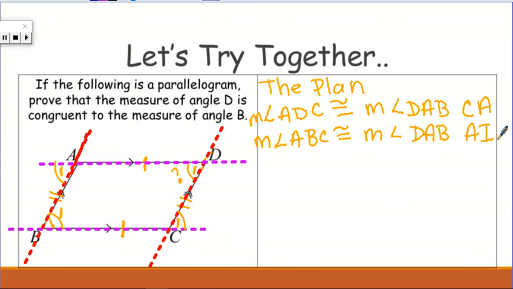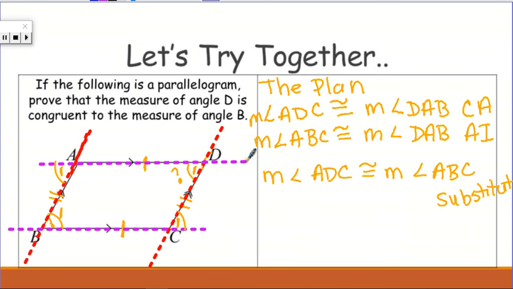Okay, so now we can say that the angle ADC is congruent to the angle ABC. So now I can say the measure of angle ADC is congruent to the measure of angle ABC, and by substitution, we're finished.